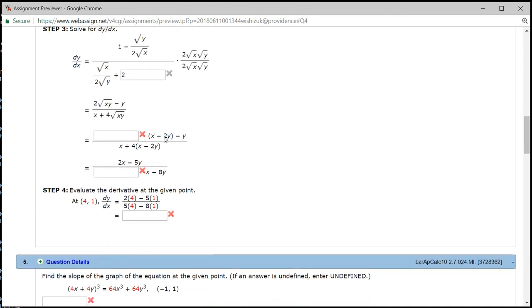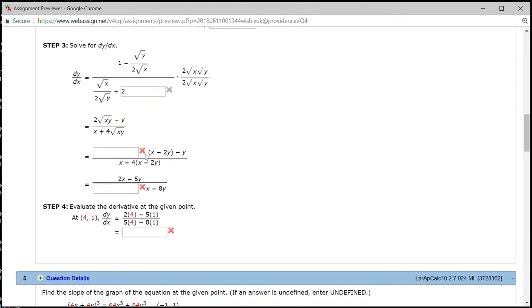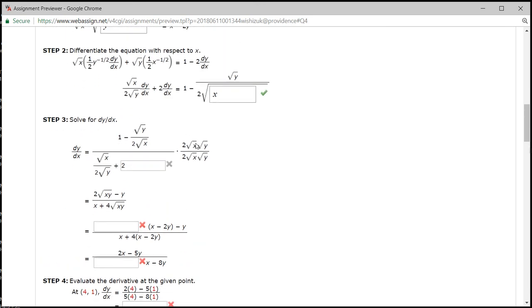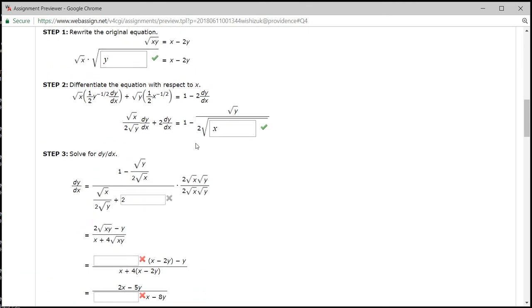Then what else are they trying to do here? We have x plus 4. What they did here was take the original equation and substitute that into here.